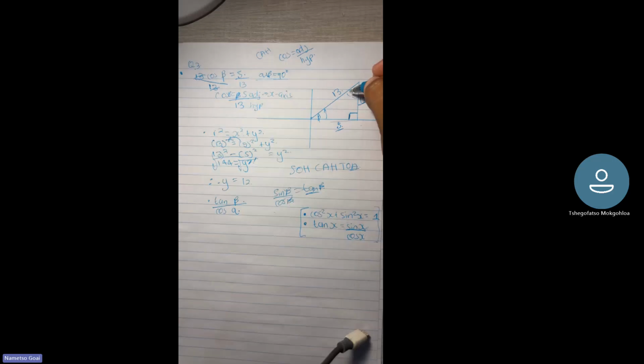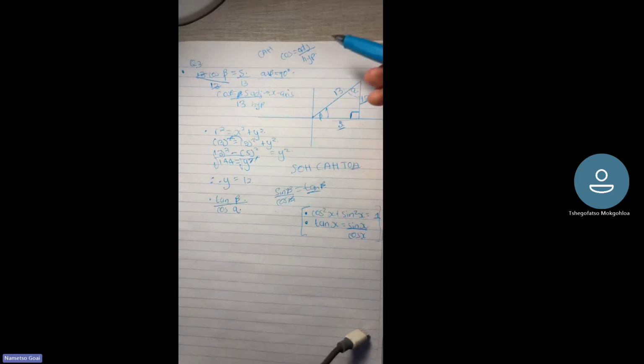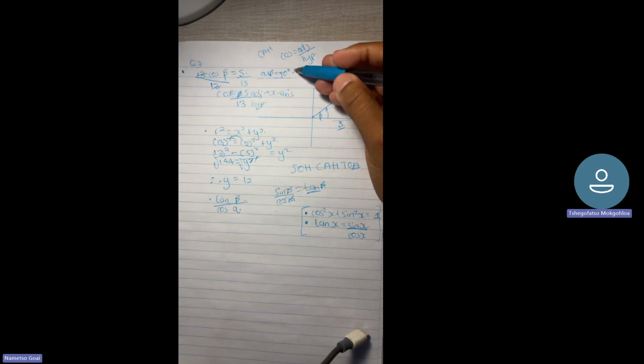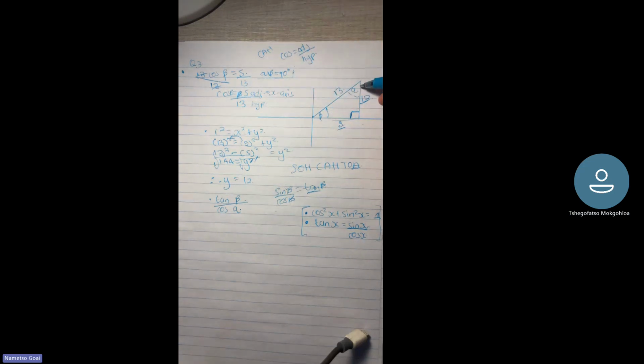So this is our alpha. Provided that they don't state this, don't make this angle over here alpha. They only have to tell you this. That's when you can conclude that this here is alpha.